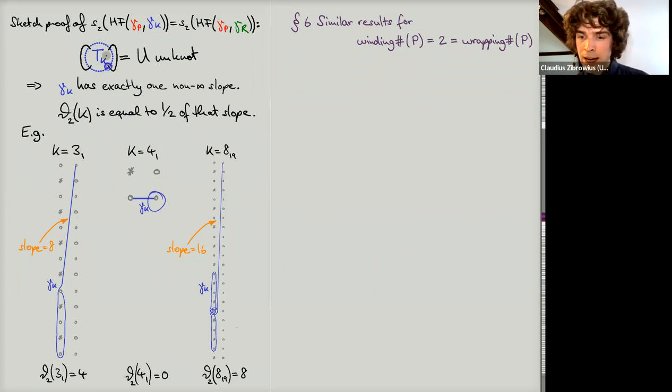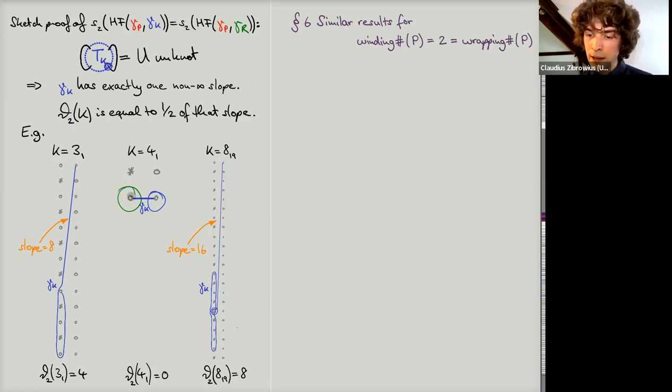There this curve has some finite slope, by definition it's the theta invariant, and there's nothing really interesting going on there. But on the other side, in the winding number 2 case, we need to look at the other tangle end, and there we have more interesting phenomena.